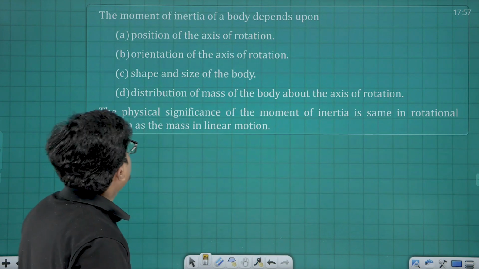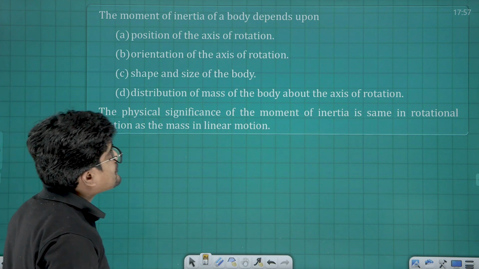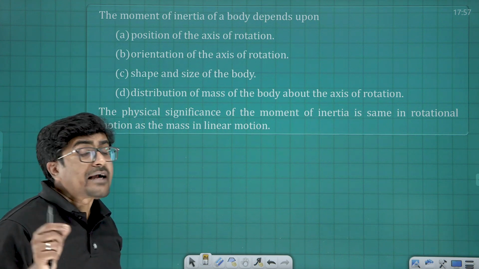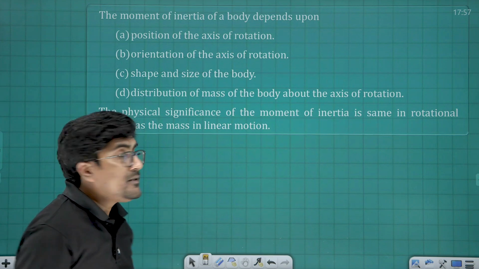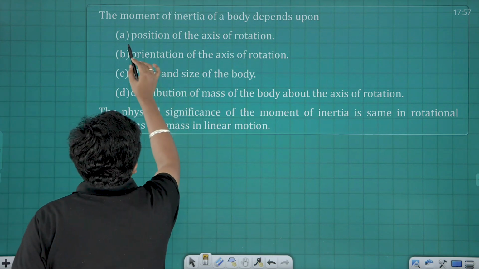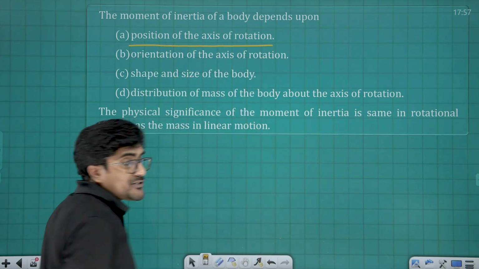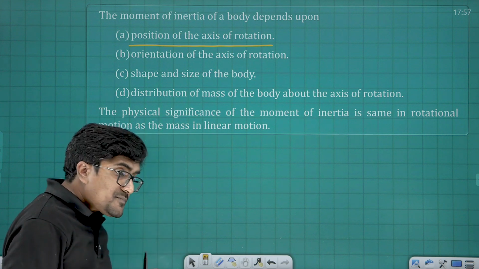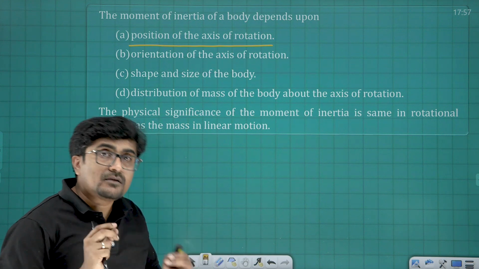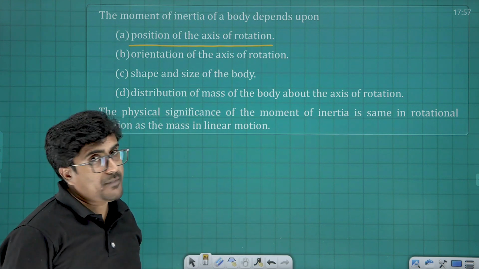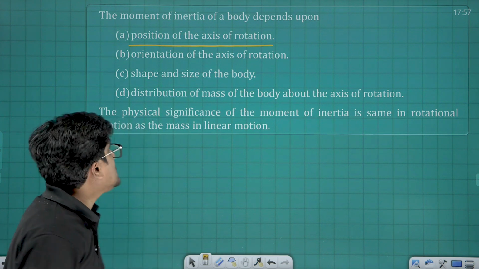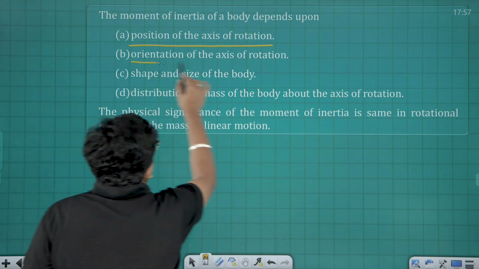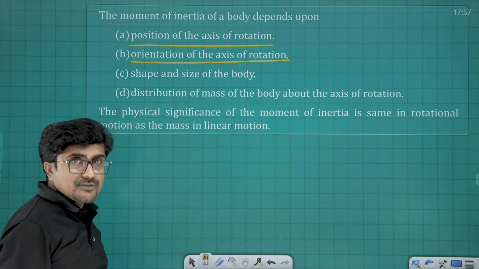The next one is, what are the factors on which the moment of inertia of a system depends? First one, the position of the axis of rotation. With respect to which axis the body is rotating, definitely that matters. Second one is the orientation of the axis of rotation.